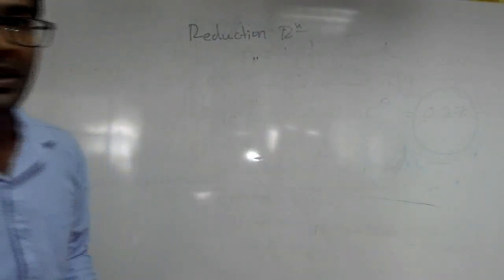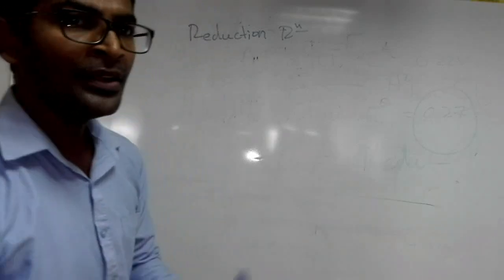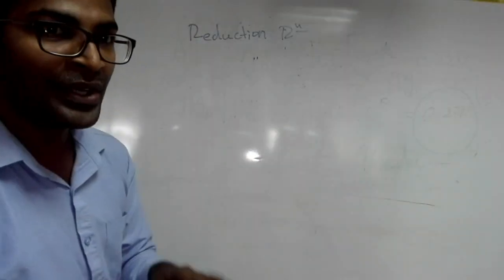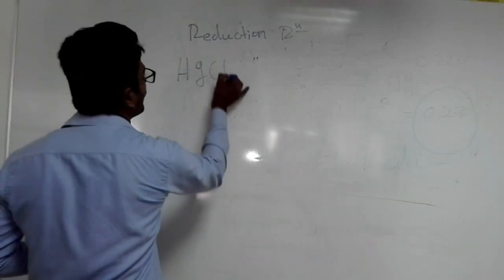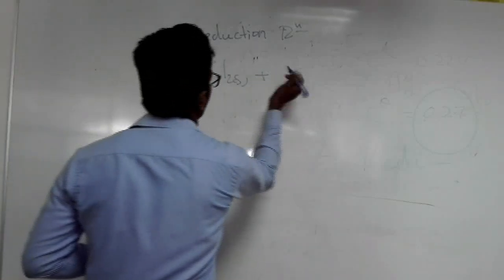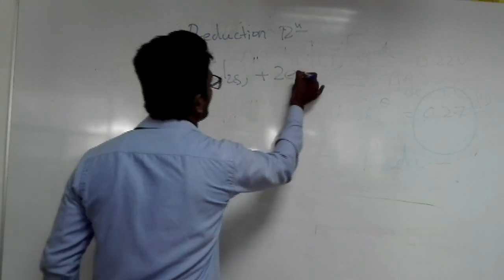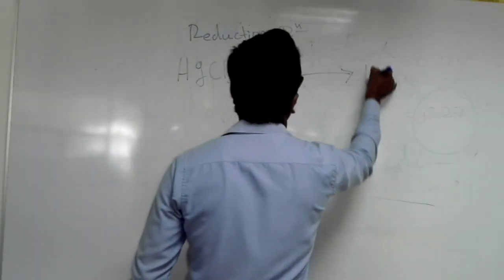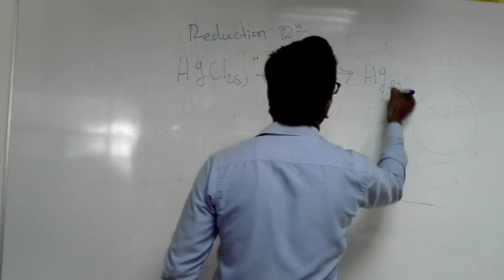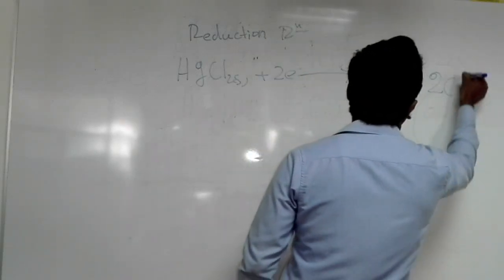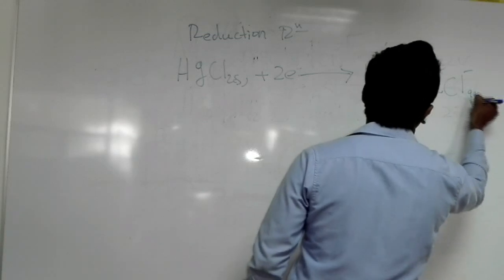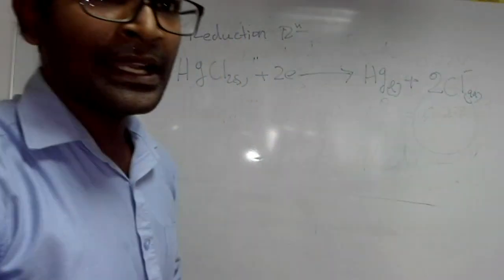The reduction part is the calomel electrode part, so we can write the reduction reaction like this. So this is the reduction reaction.